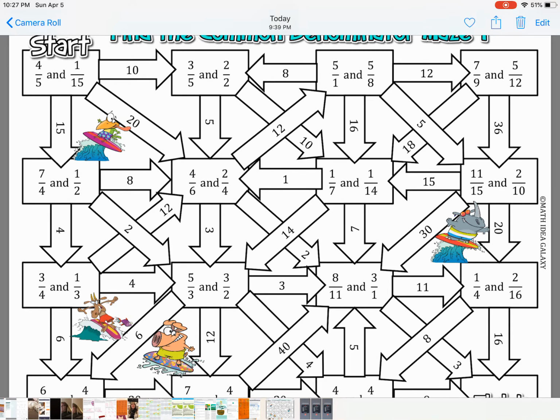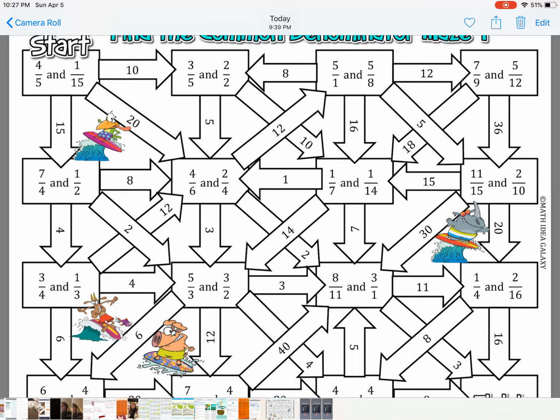So I know that if I do my multiples for 5, 10, 15, obviously I'm going to hit 15 when I count out my multiples for 5. And then 15, if I do my multiples for 15, the very first multiple would be 15. So I'm going to choose to go in this direction, because that would be the correct choice for the common denominator for both 4/5 and 1/15.